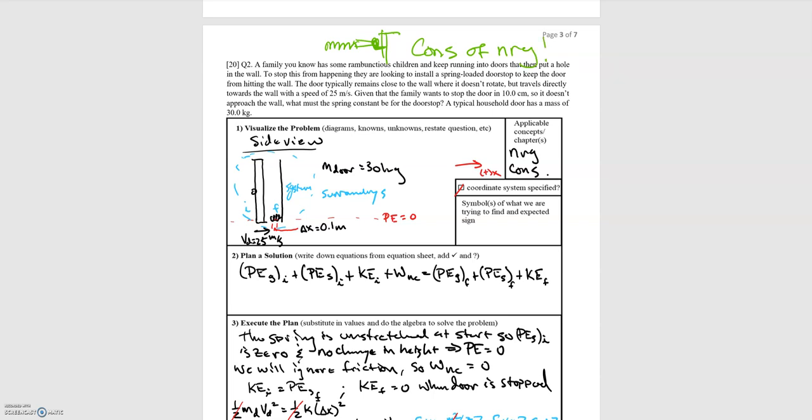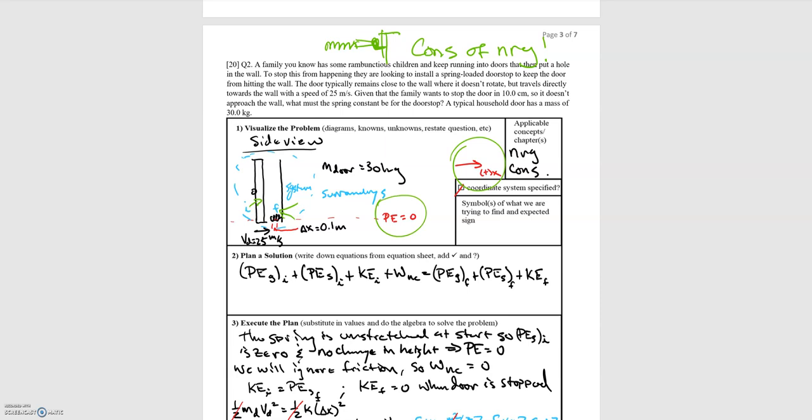So what are you going to need to do? Well, you're going to need to figure out where your initial point is and where your final point is. I've got the initial point as being this door. The final point is the compression of the spring. I still have my coordinate system.